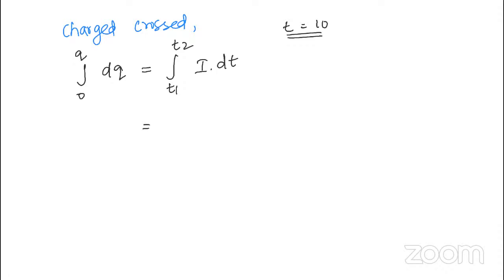So let us now integrate dq; when integrated it is q. Here the limits are 0 to 10, into the I value they have given, that is 2 plus 3t into dt.